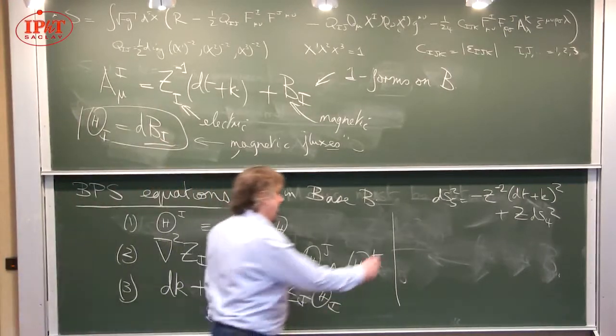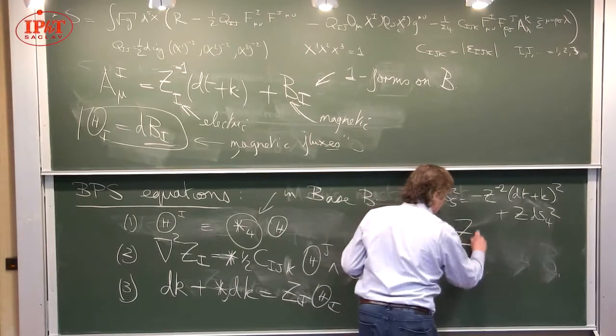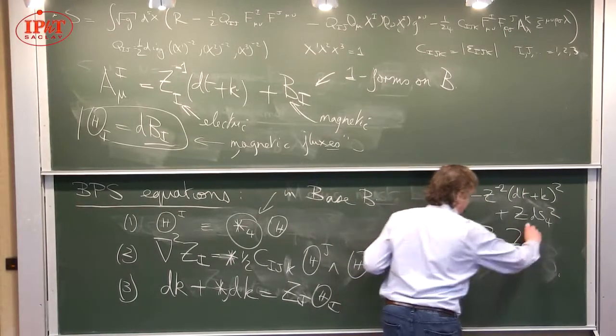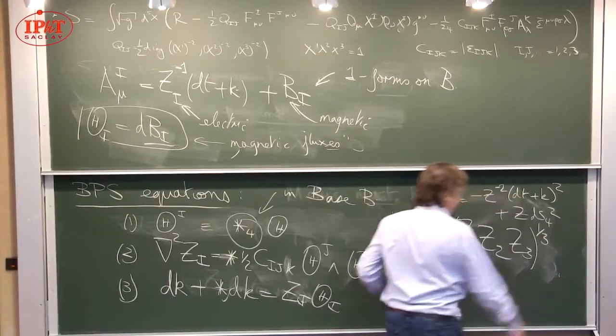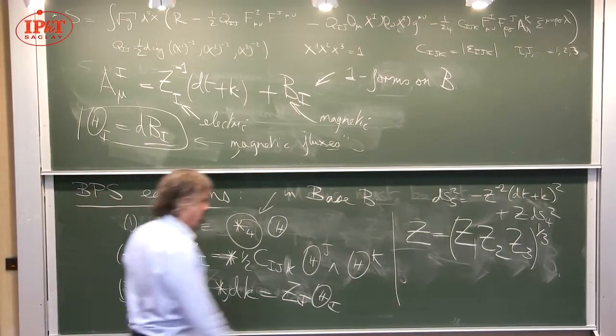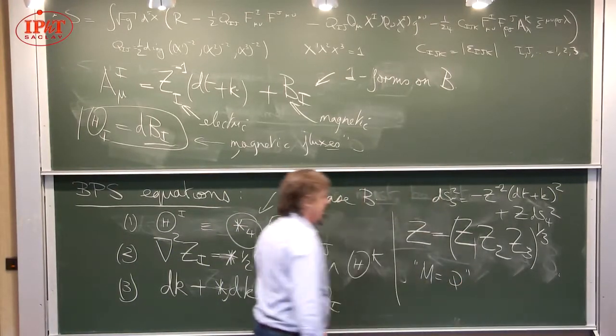And it happens in exactly the way one might expect: Z is Z1, Z2 and Z3, the three electrostatic potentials multiplied together to the one-third power, so the geometric mean of the electrostatic potentials. That's the sort of M equals Q condition.